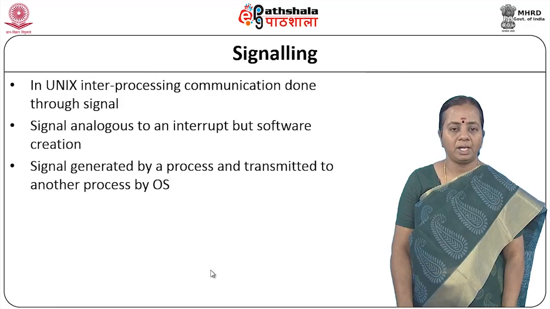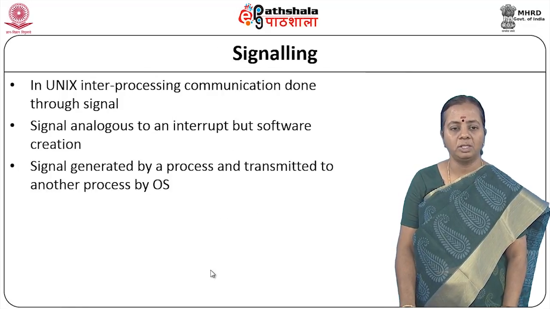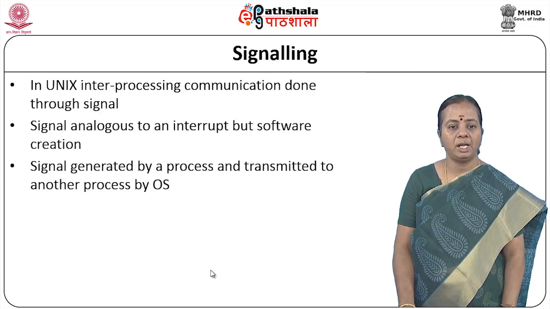In Unix-based systems, inter-process communication is done through signaling. Signals are analogous to interrupts, but they are software created. A signal generated by one process is transmitted to another process by the OS itself.